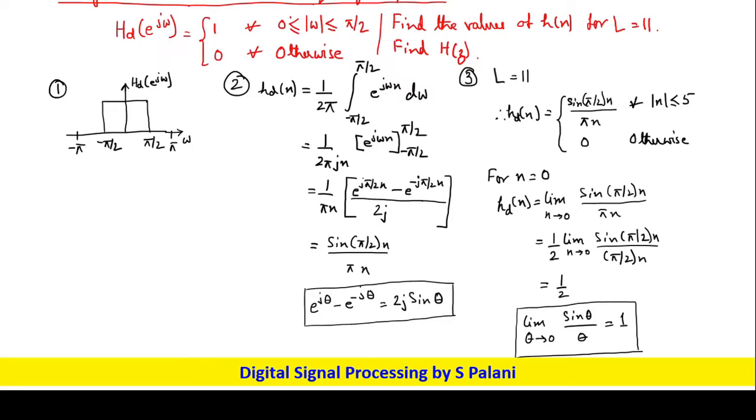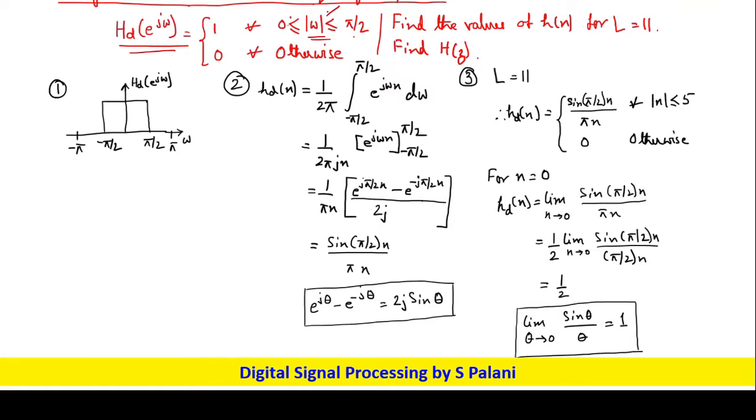So design an ideal low pass filter with a frequency response. What is the frequency response? The frequency response is given by Hd e to the power j omega. It is equal to 1 in the region of 0 less than or equal to modulus of omega less than or equal to pi by 2, and 0 otherwise. What does this mean?